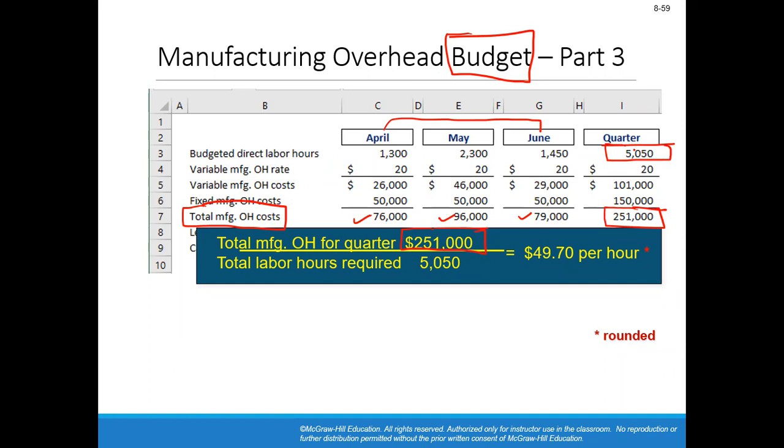So it is 5,050 for our budgeted production. So we are estimating our predetermined overhead rate based on the per direct labor hour. So how much is it? 0.4970. I will show you when it will be useful. Right now it is not useful here, but this calculation is essential for working with some numbers later.